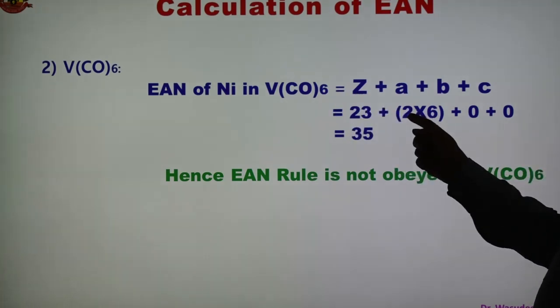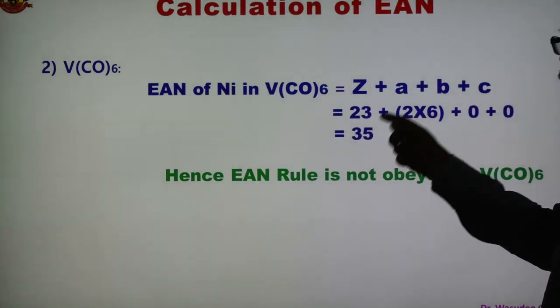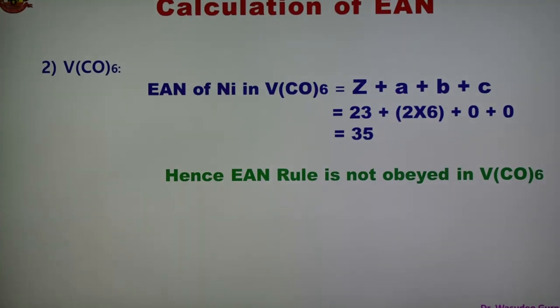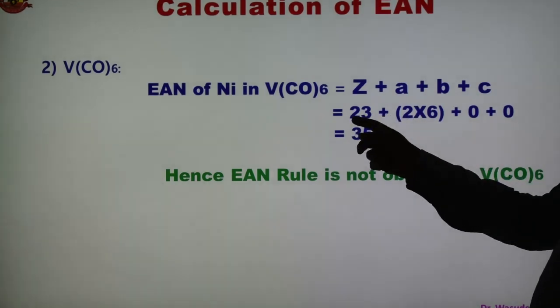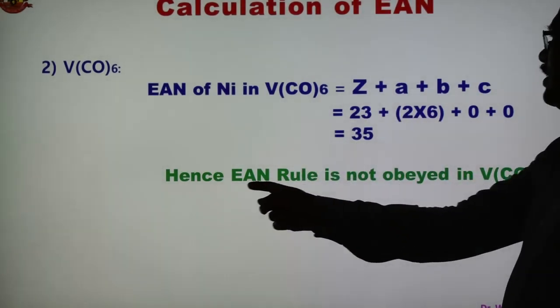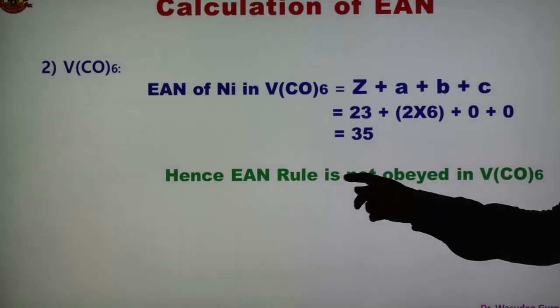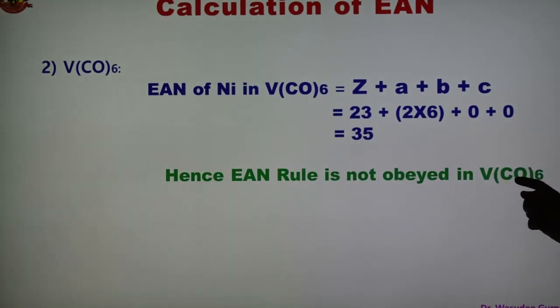Terminal carbonyls are 6, so 2 into 6, no bridging, no metal-metal bond, so the total is coming 35, not 36. 6 into 2, 12, 12 plus 23, 35. So the EAN rule is not obeyed in this complex hexacarbonyl vanadium. This is the second example, in which the EAN rule is not obeyed.